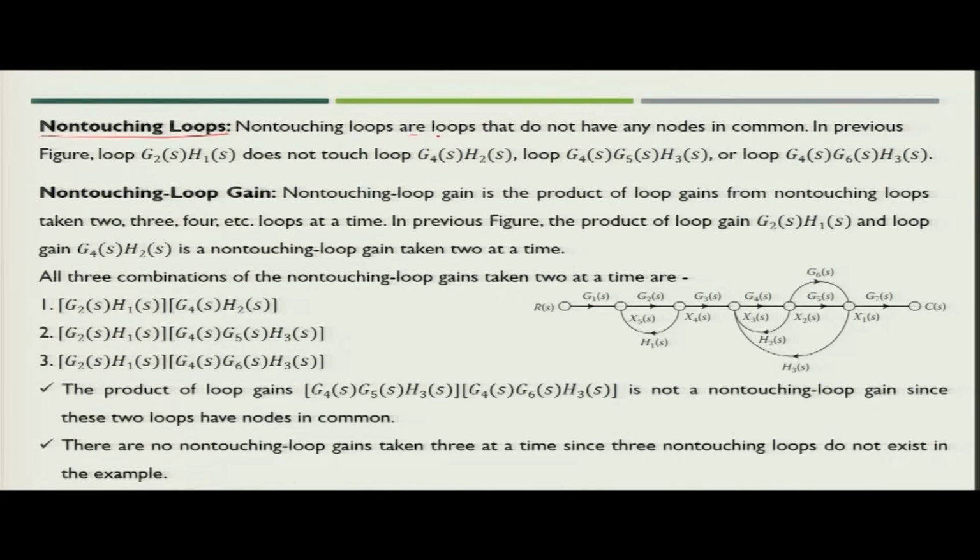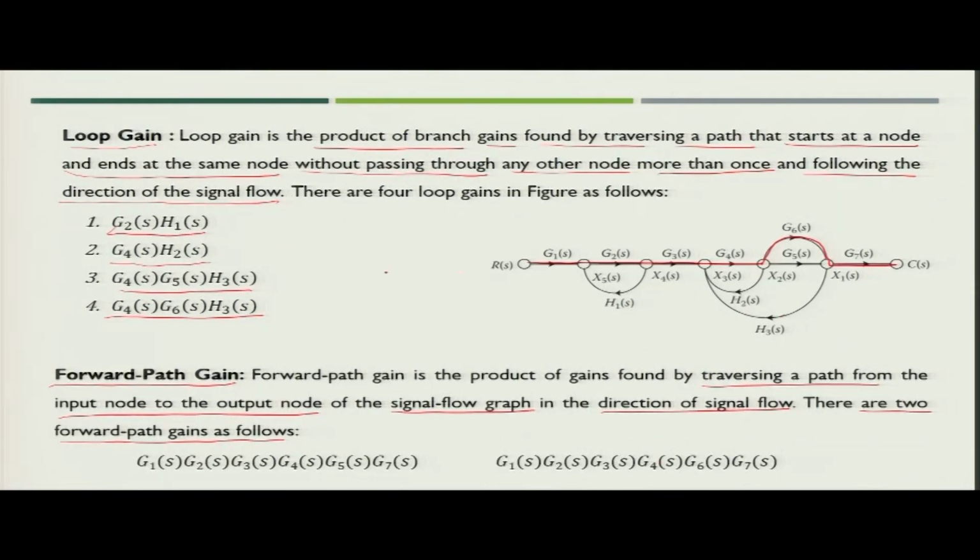Non-touching loops are the loops that do not have any node in common. If you see the previous case, we found 4 loops. Out of that, this loop is not connecting to any of the other 3 loops.